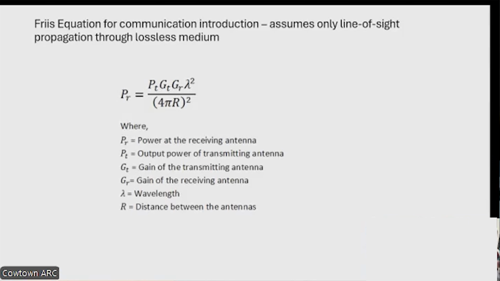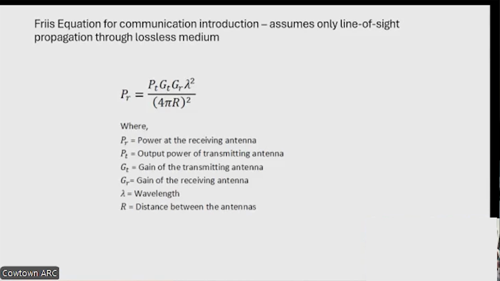The gains of the antennas are the G's, the range between the two antennas is R, PT is the power input to the transmitting antenna, and PR is the power delivered to the input of the receiver. And of course, this is pretty much for free space communication. So it applies well to communicating with spacecraft, for example, or when you're in space.